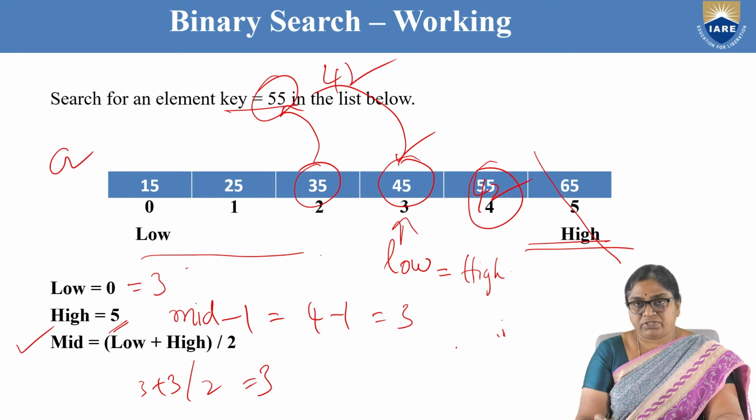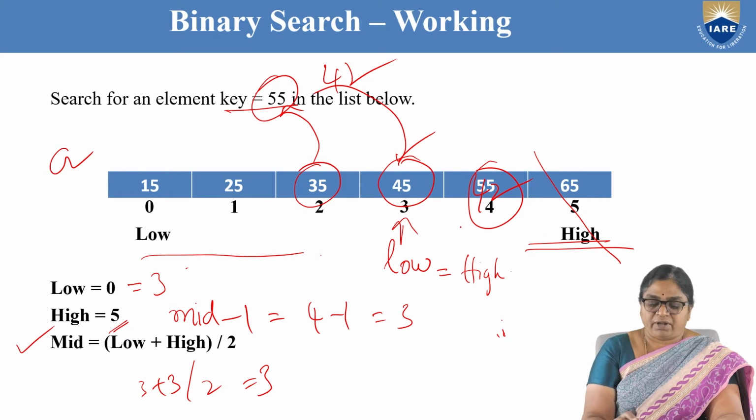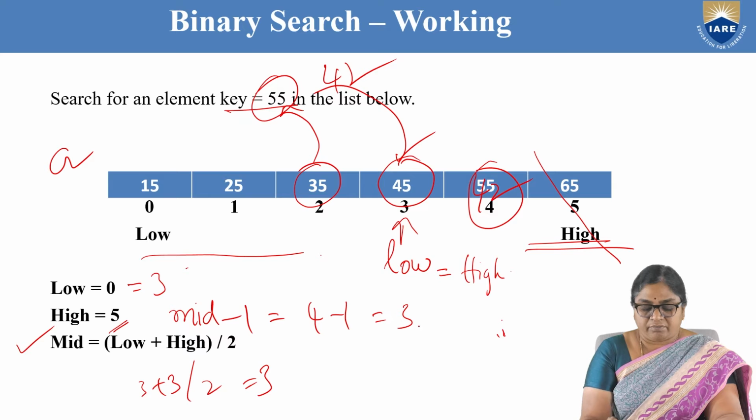So next we have to check whether 42 is greater than the middle element or less than the middle element. In this case, it is less than the middle element. Once again, we have to change the high value. Now high will become mid minus 1. That is this time 3 minus 1, which is equivalent to 2.